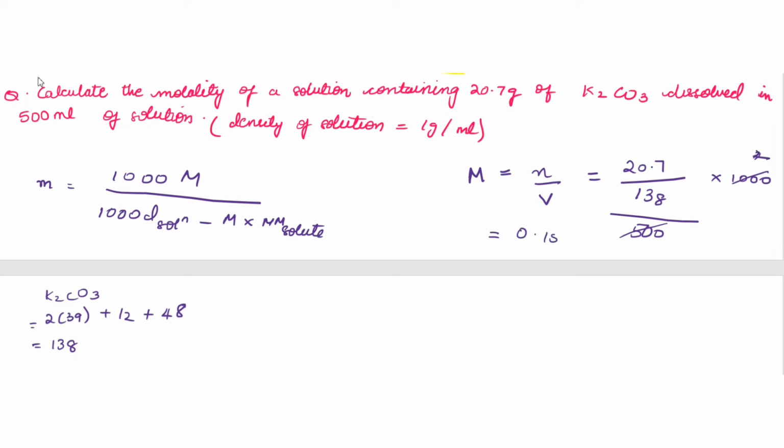So we have molarity, we have density of solution given, and we found the molar mass of potassium carbonate, the solute. Everything is here. So simple formula substitution. m is equal to 1000 into 0.3 divided by 1000 into 1 minus 0.3 into 138 molar mass.